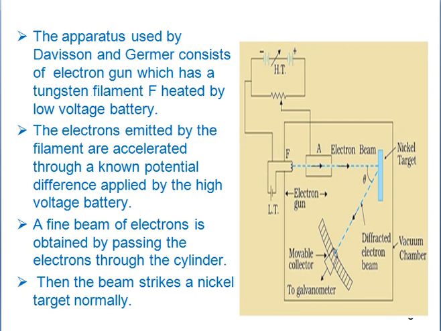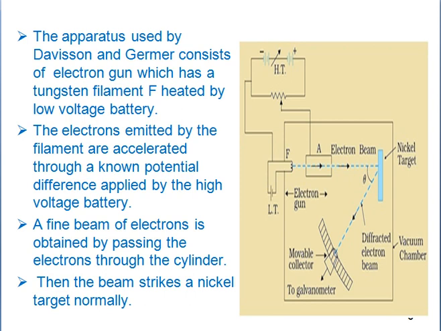But these electrons are accelerated by the high potential battery. When we apply the high potential battery, the electrons will be accelerated and pass into the cylinder. A fine beam of electrons passes to the nickel target, where it is incident and diffracted.